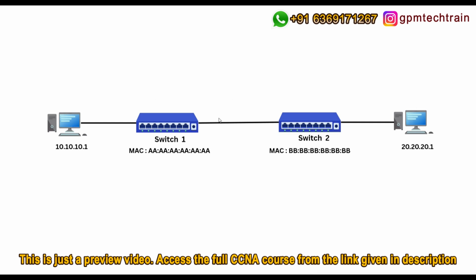Consider a situation where there is an issue with this connectivity, physically or logically, for whatever reason, and the connectivity between switch 1 and switch 2 goes down. Then you cannot connect from here to here, because the connectivity between these users goes through switch 1 and switch 2.